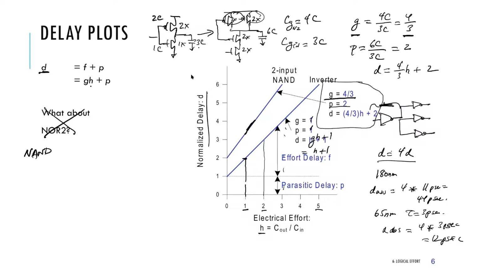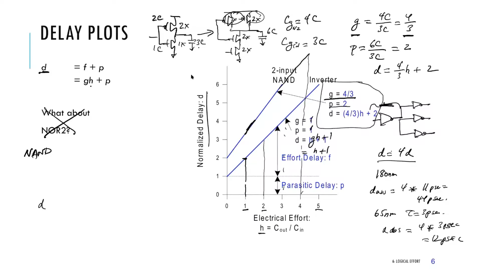For a delay of 4, if you're driving 4 NAND gates like yourself, let's look at a delay of that.